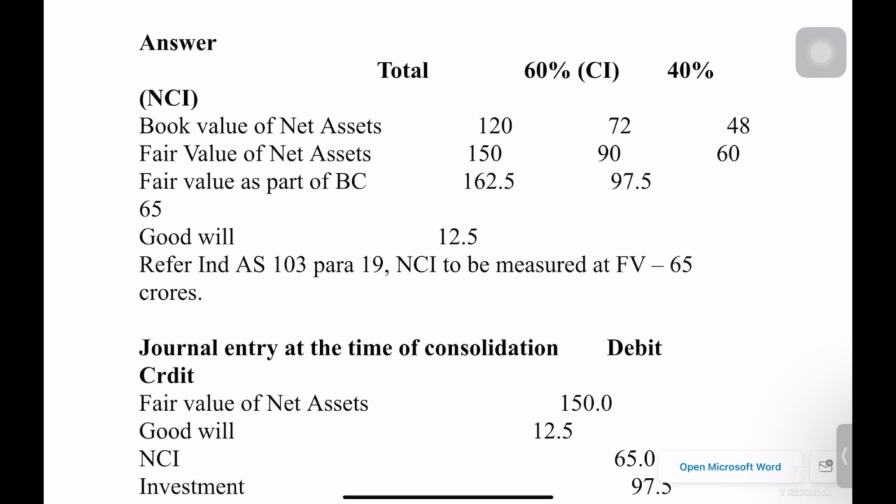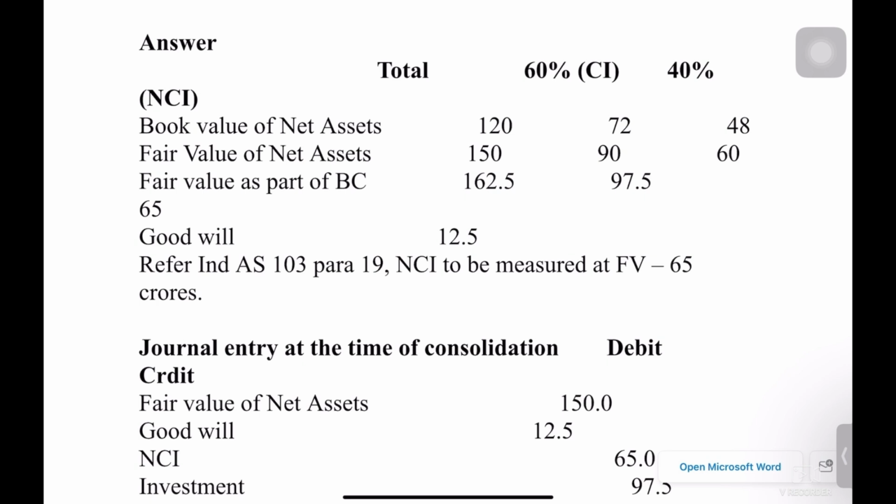And fair value as part of the business combination. So there are two fair values: one as per the valuation report, and second as agreed as part of the business combination by the acquirer. That's 162.5 crore, and 60% share comes to 97.5 crore, and 40% share comes to 65 crore.